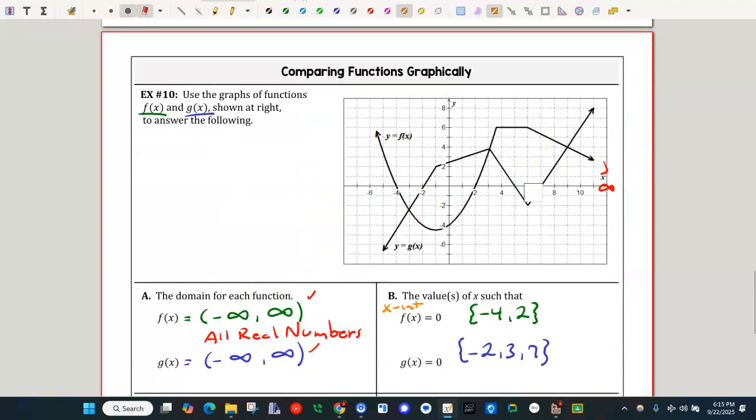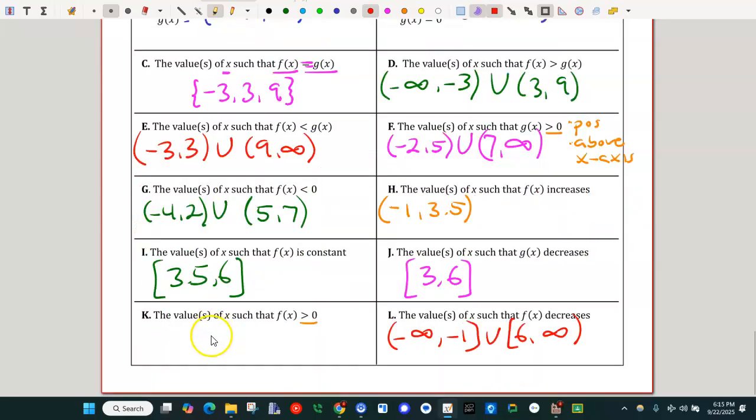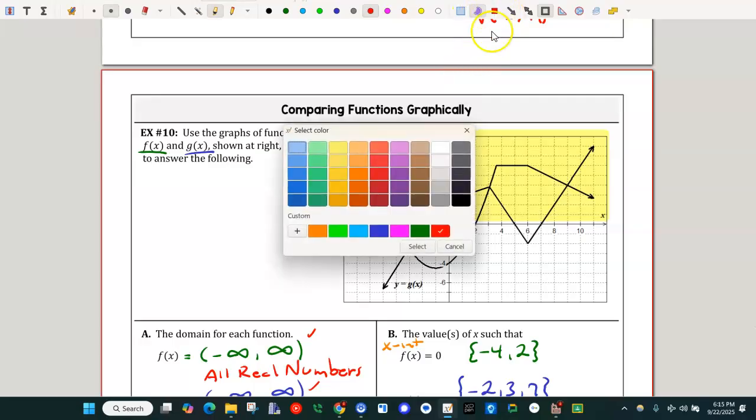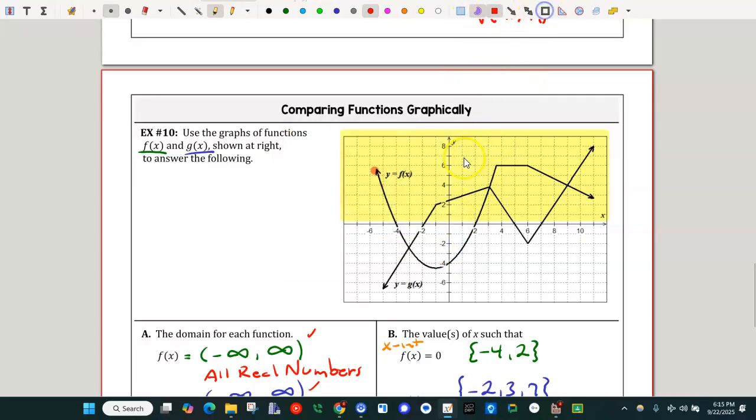All right, so where is it positive? I like to do the highlighting for that part. So let's highlight the positive, above the x-axis, and just follow f of x. Let's take off the box and do just highlighting.